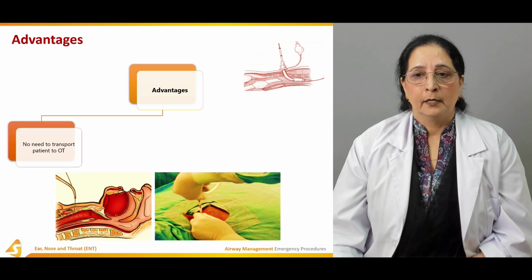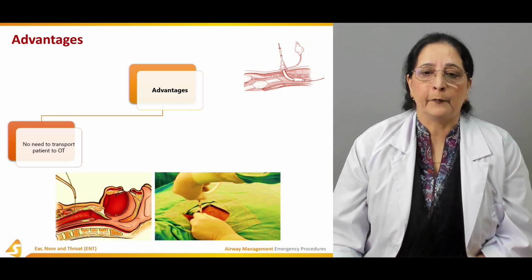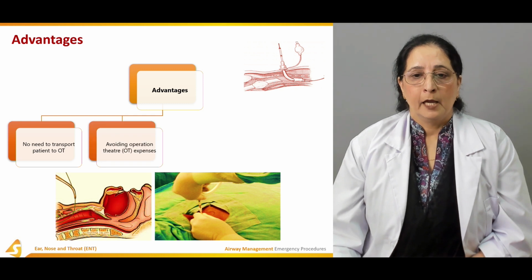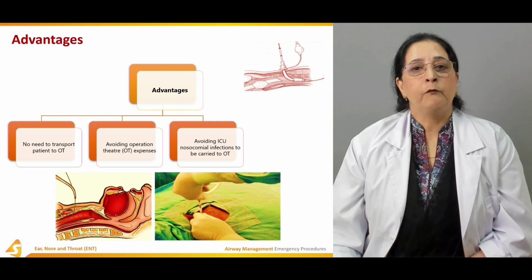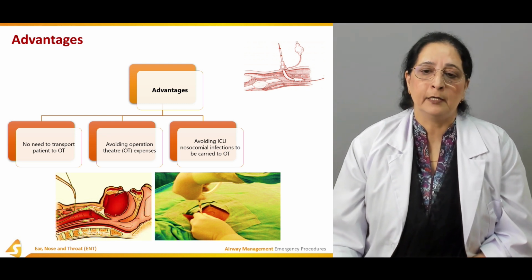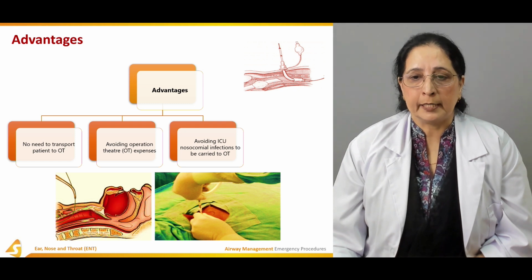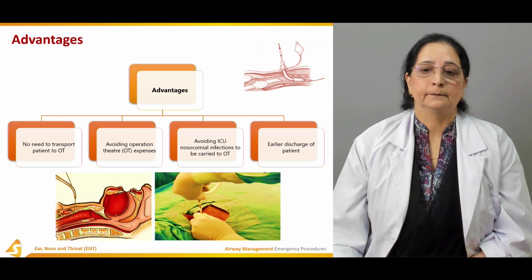Advantages are no need to transport the patient to the operation theater, avoiding operation theater expenses, avoiding ICU nosocomial infection from being carried to the operation theater, and earlier discharge of the patient.